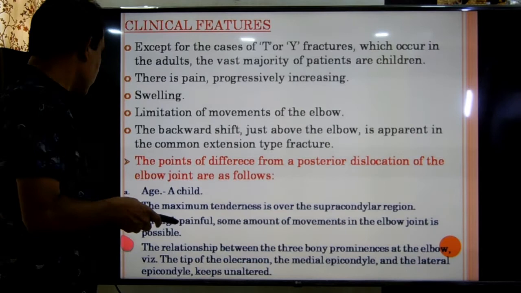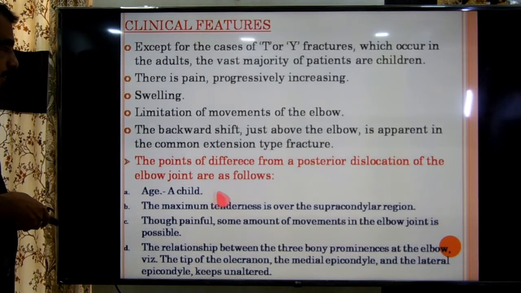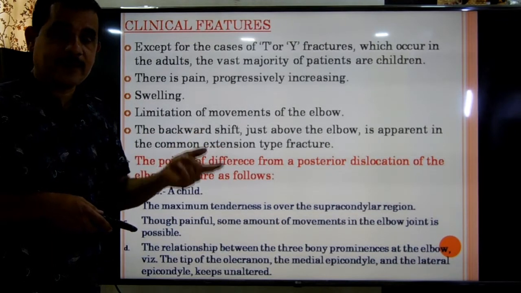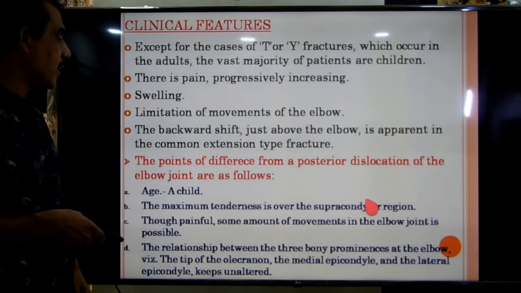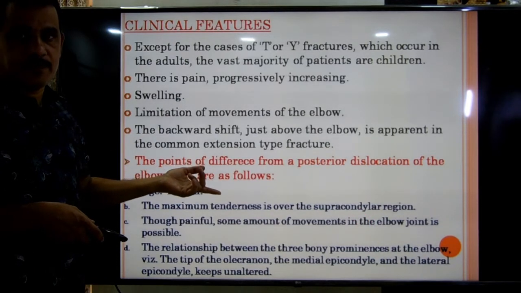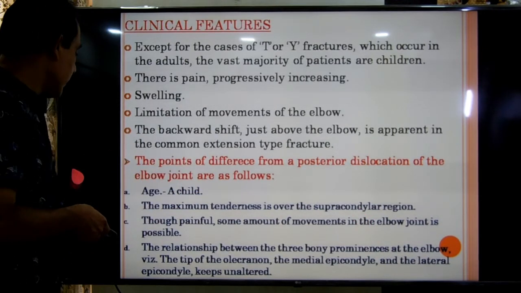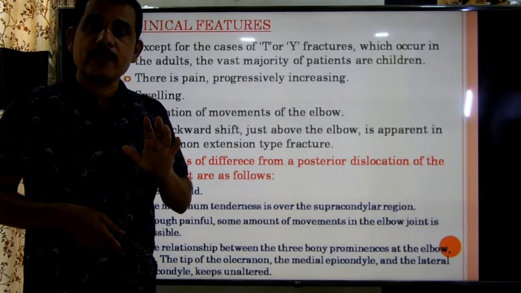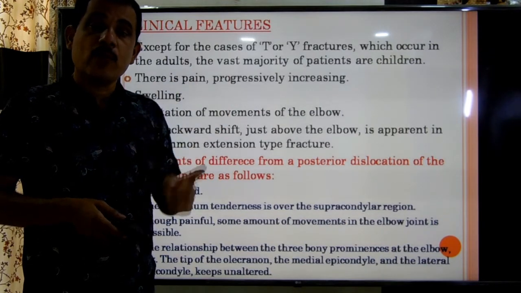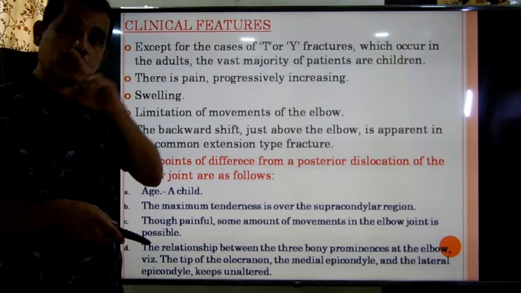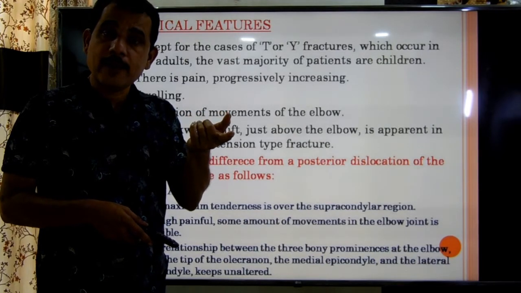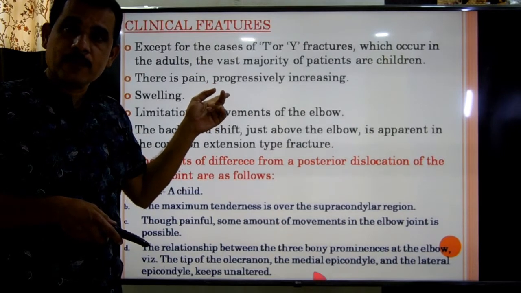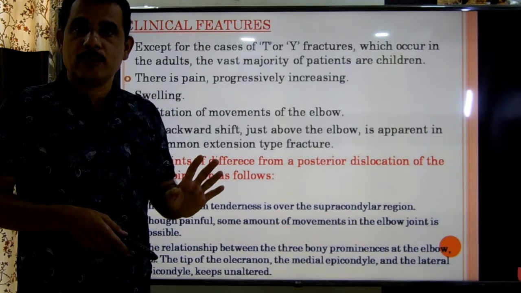The differentiating points are, the first one, the patient is a child here, while in dislocation of the elbow the patient will be an adult. Then maximum tenderness over the supracondylar region in the case of the fracture. And though painful, some amount of movement is possible in supracondylar fracture, while in dislocation of the elbow there is complete loss of movement. While in the supracondylar fracture, some sort of movements are possible, even though they are limited.